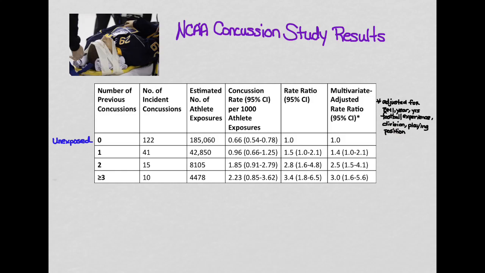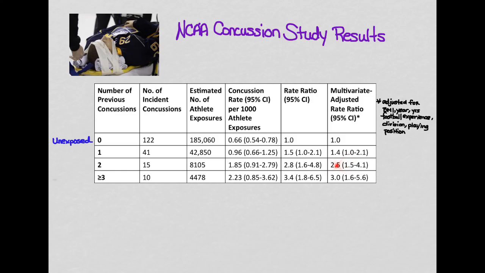And so looking at the confidence interval here, we see that 1.4, so people with one prior concussion may not be different from no concussions because 1 is in the confidence interval. But then once you get to either 2 or more concussions, you see a really much higher rate of incident concussions in this group relative to those who had not suffered that many prior concussions.